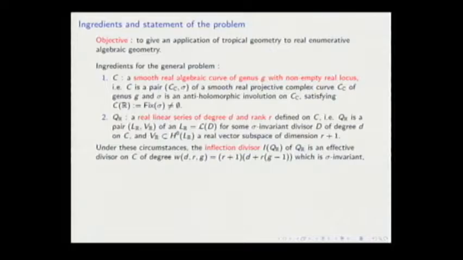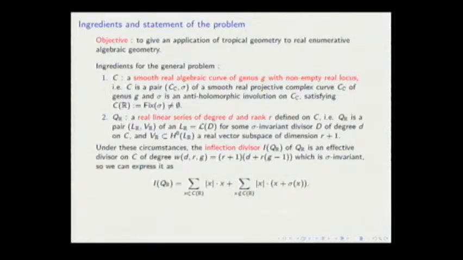There is always a finite number that just depends on the degree, the rank of the real linear series, and the genus of your curve. And this is the number. They may need to be counted with multiplicity.